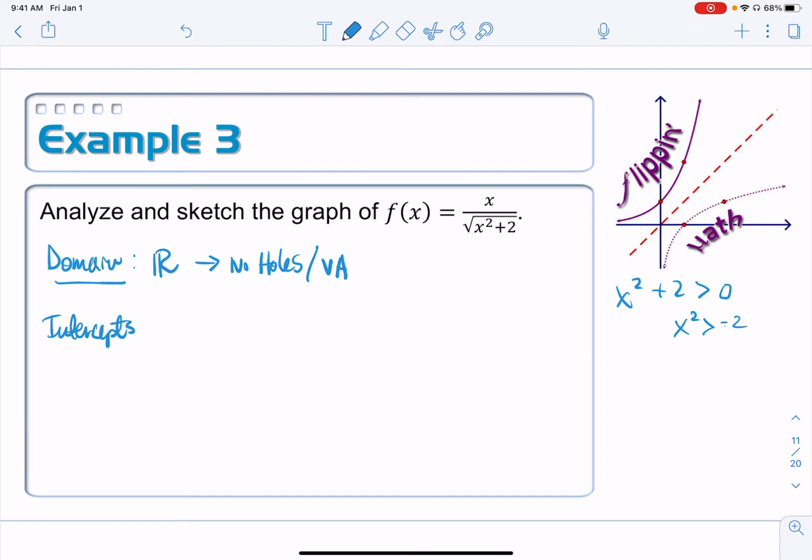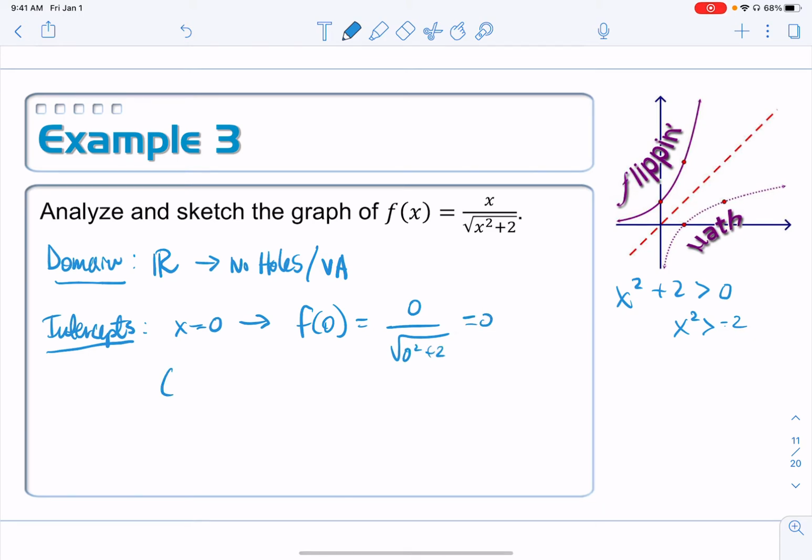So as far as intercepts go, you've got either where x is equal to 0 or where y is equal to 0. You know what's super easy? It's just plugging 0 in for x so you can find the y-intercept. So let's say x is equal to 0 gives us f of 0 is equal to 0 divided by square root of 0 squared plus 2, which is just 0.